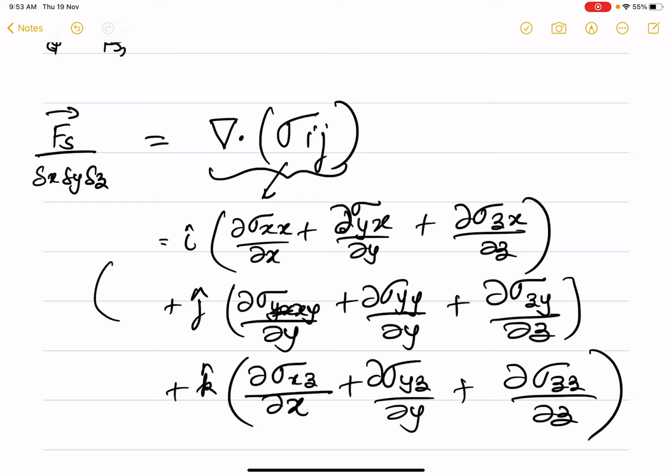The surface force divided by volume, this vector we will use as divergence of sigma ij.